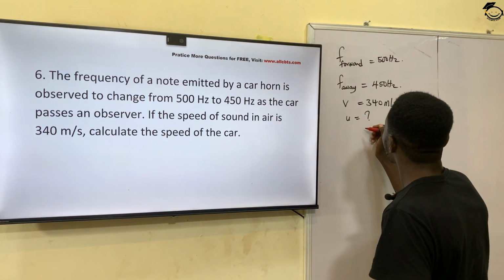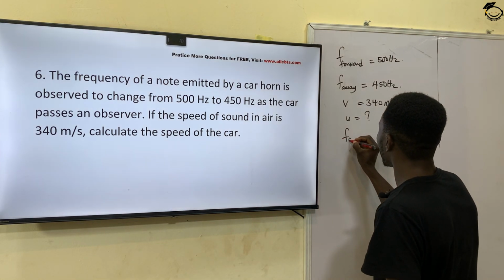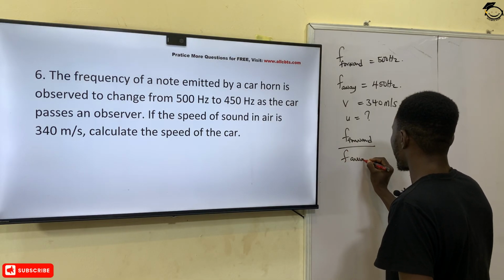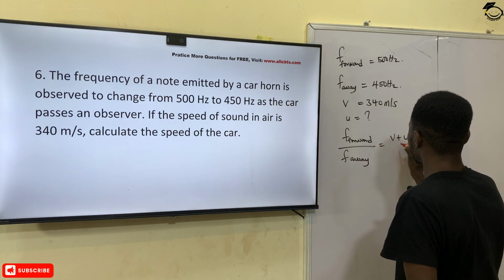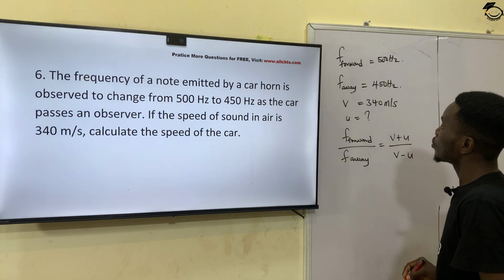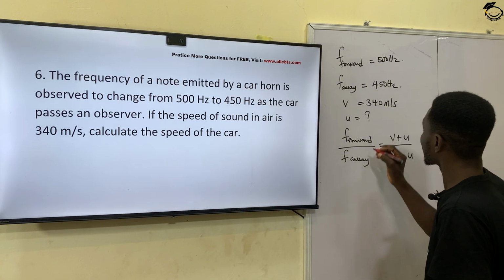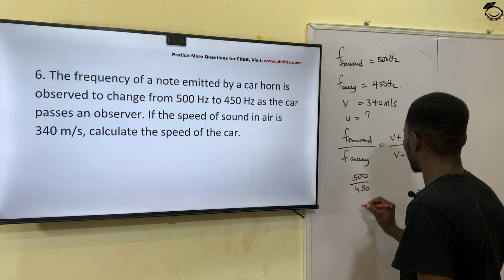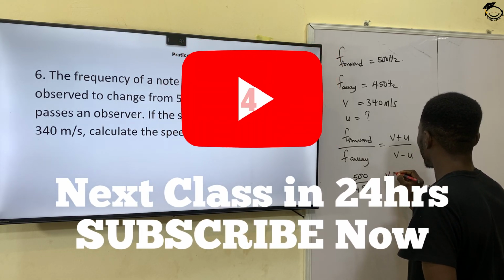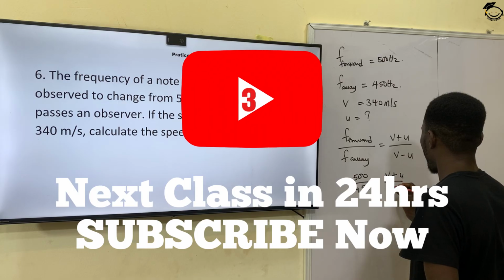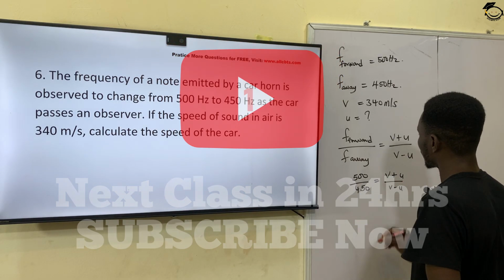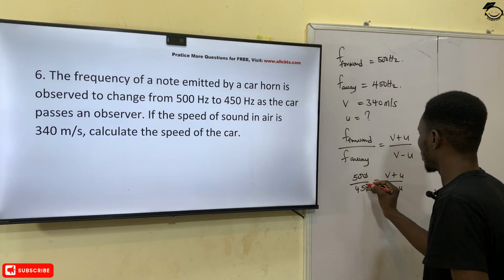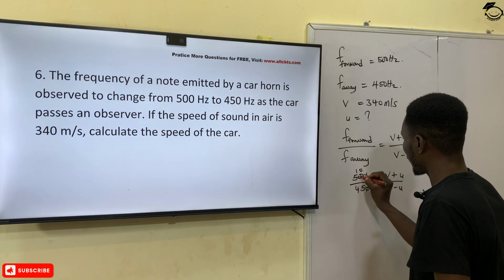That is the Doppler effect, which means that we are going to have the frequency forward over the frequency away equal to V plus U over V minus U. So this is the same thing as saying that I have 500 over 450 equal to V plus U over V minus U. So this will cancel this, 5 here 10, 5 here 9.